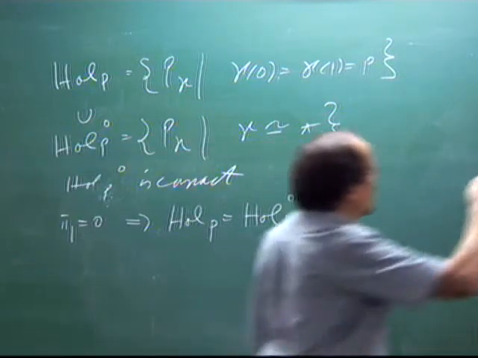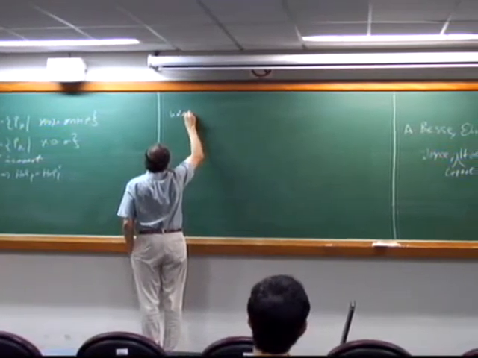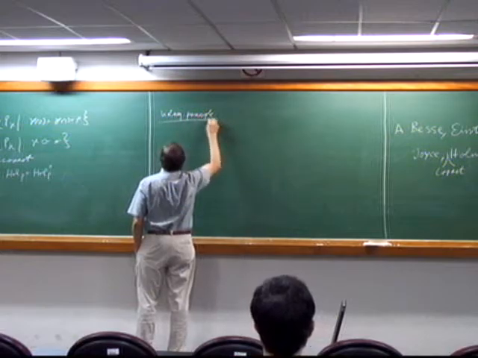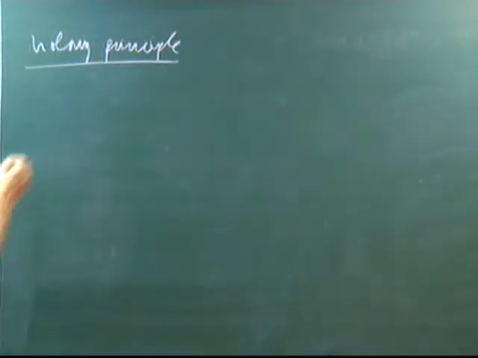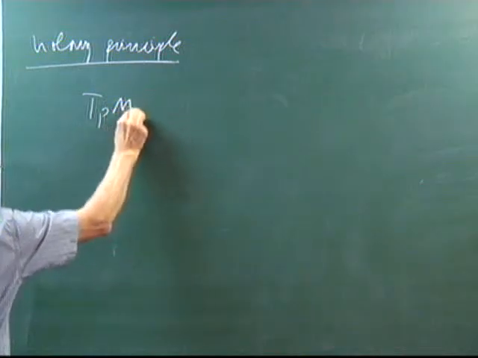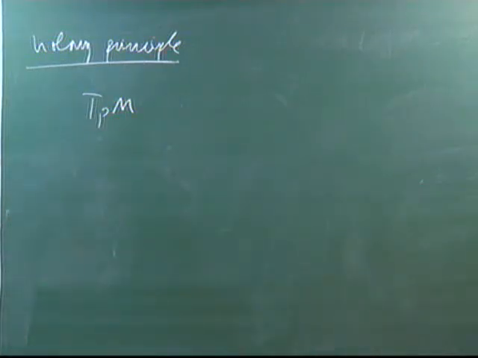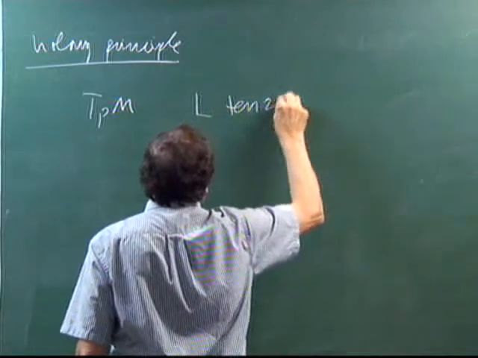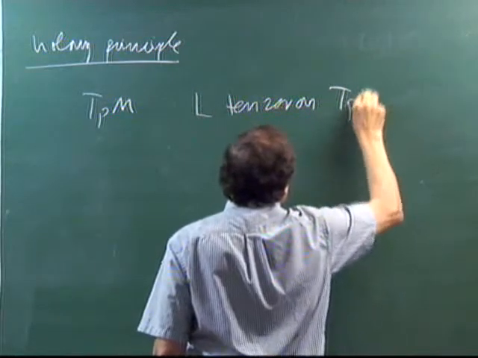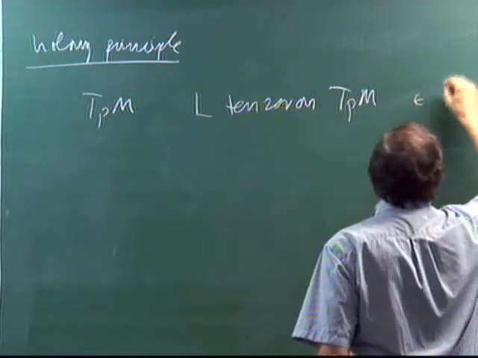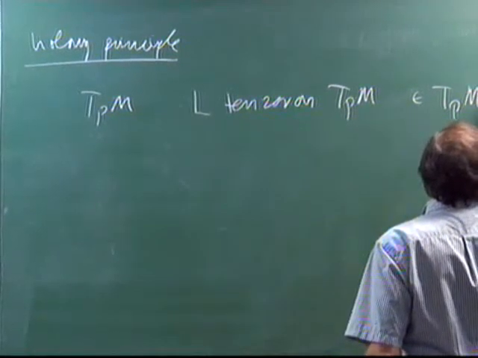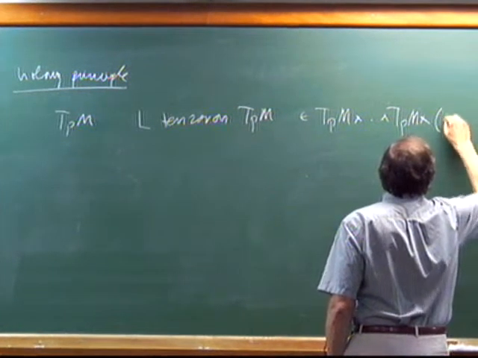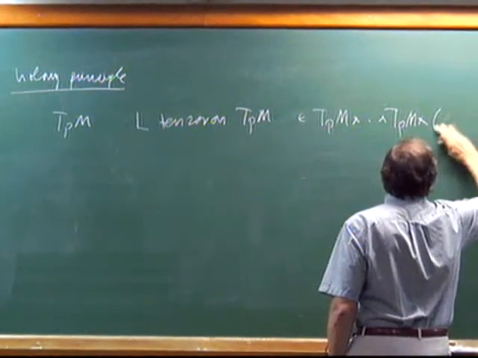So what was the holonomy principle? Maybe do this in a little bit more detail. Here our point is fixed, and then I have the tangent space at the point M. On this tangent space, I can find a tensor, let's call it L maybe. There are several ways to describe it, depending on the type of the tensor.